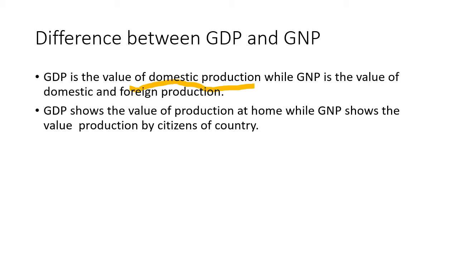That is, GDP shows how many goods and services are produced within the geographical boundaries of the country, and GNP shows the production by the citizens of the country, either inside or outside the geographical boundaries.